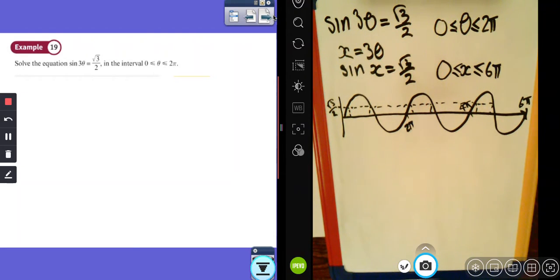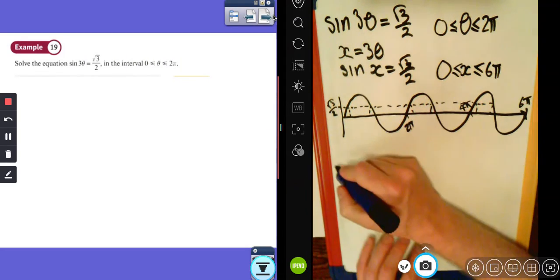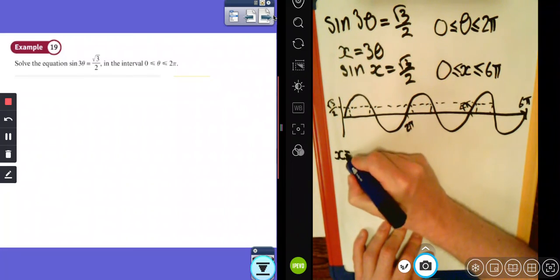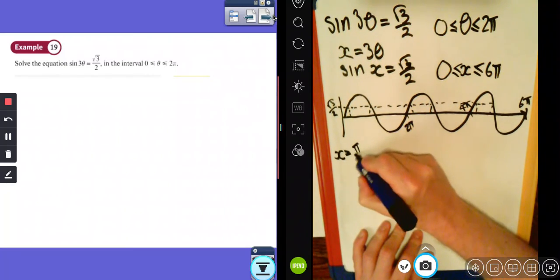So we're looking at 6 values here. If I do an inverse sine in radians of root 3 over 2, or you remember what it is, then you just know your exact values. Either way, you get x equals pi over 3.